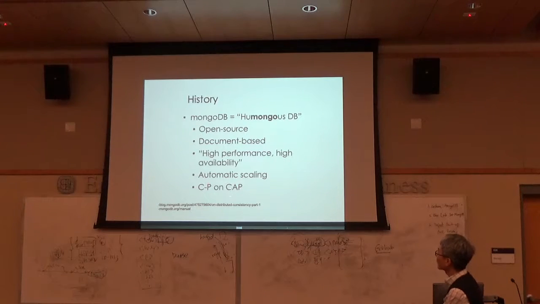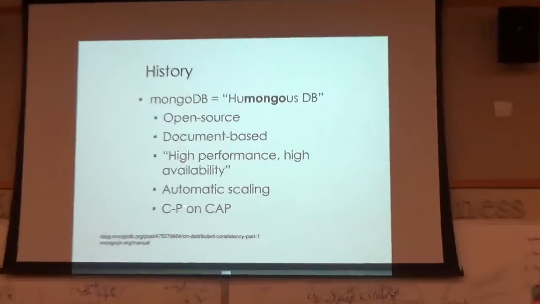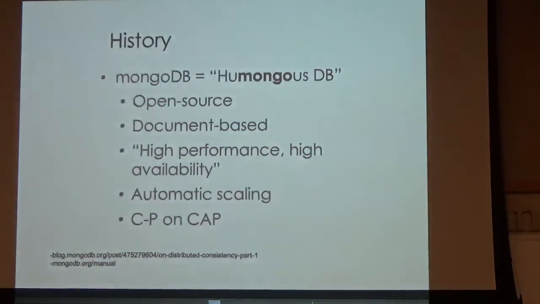In terms of the CAP theorem, as a reminder, what is C? Consistent. We do not lose consistency. But most of the systems keep the P, partition tolerance, because it's distributed.